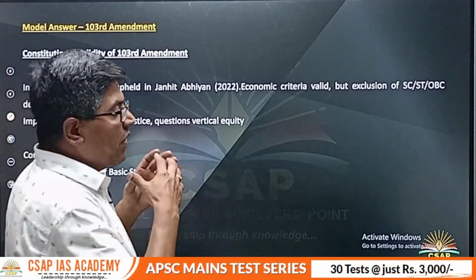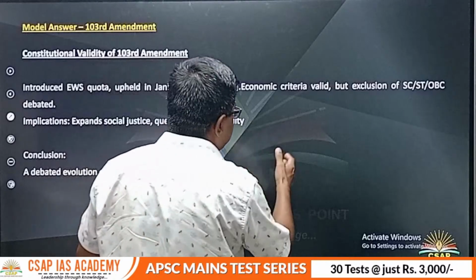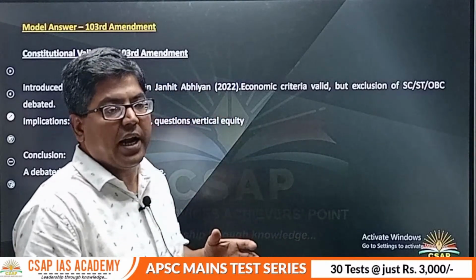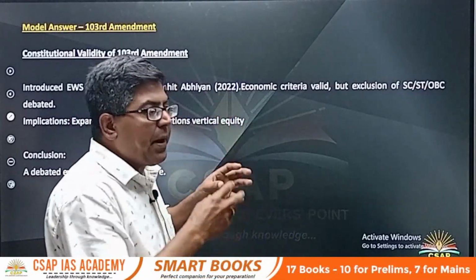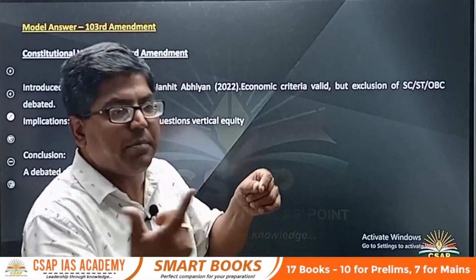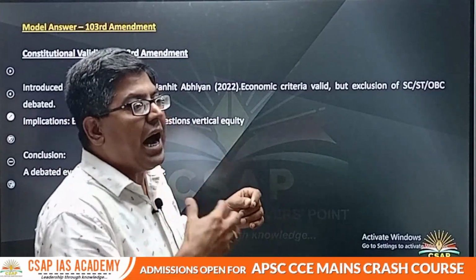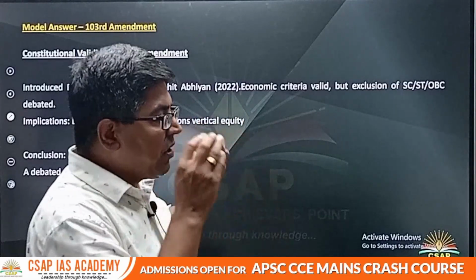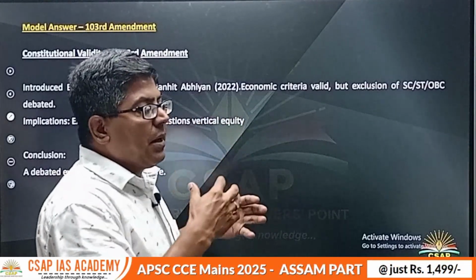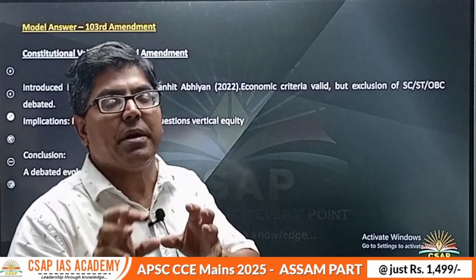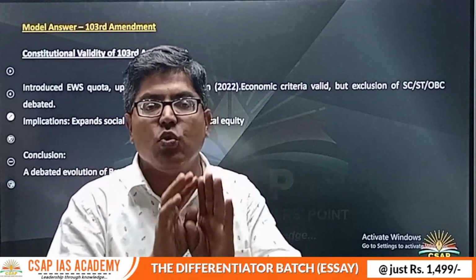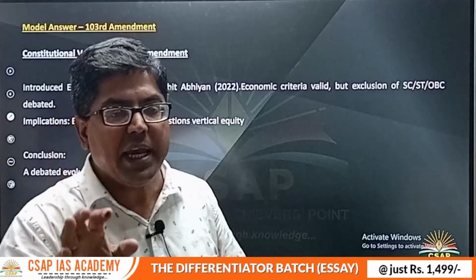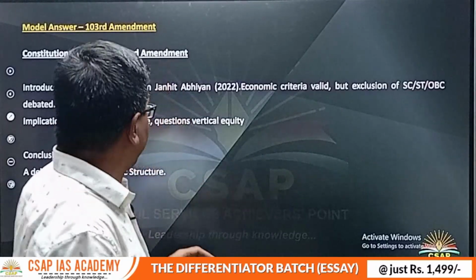So you need to evaluate it vis-a-vis federalism and basic structure, whether it will tamper with federalism, which is again the basic structure. Or how do we implement one nation, one election? Because we clearly know that many constitutional amendments would be required for us to effectively bring about one nation, one election.